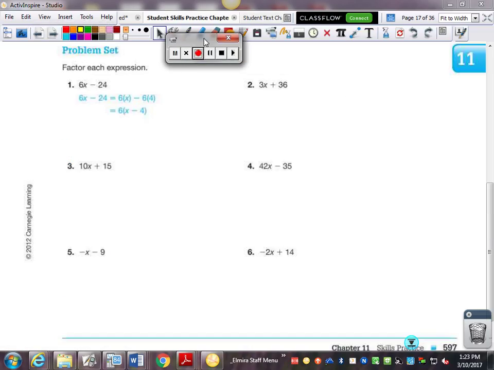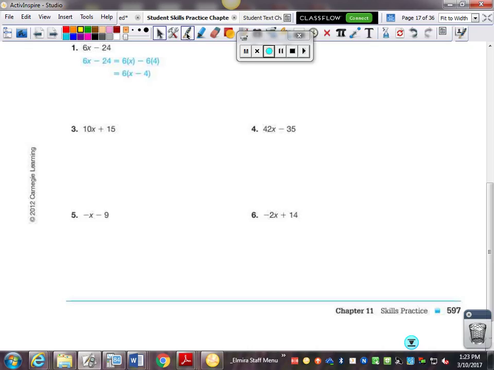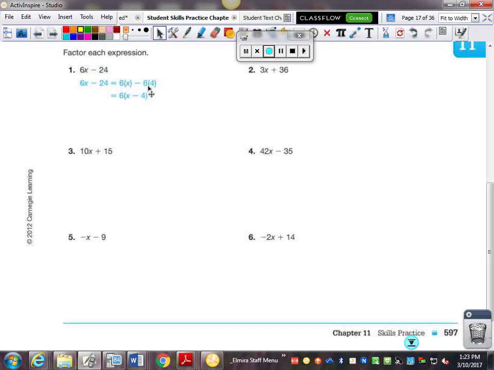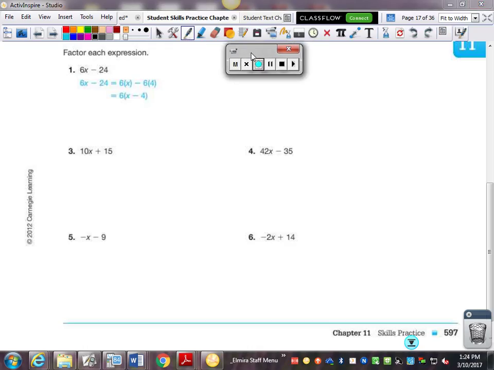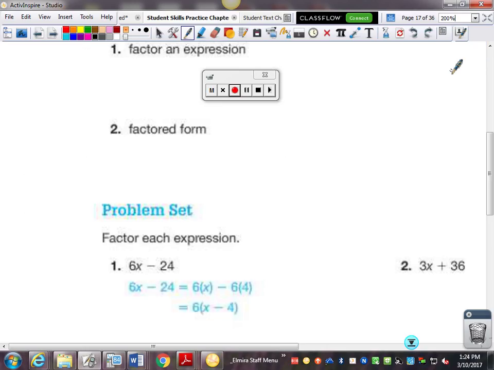Taking a look at the homework, the first section, whoa, what happened? It's asking you to, it's going to feel like reverse distributive property, but that's not official terminology. Let me blow this up bigger.